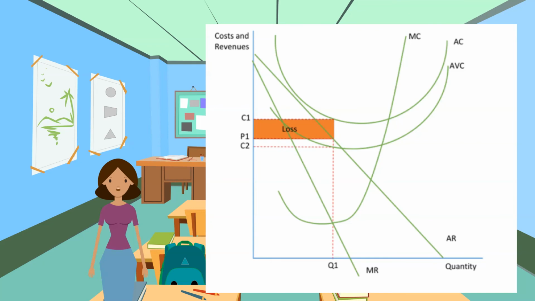In this case, they should only shut down when their fixed costs increase, for example when machinery needs to be replaced or when their lease is up. However, if the average variable cost equals average revenue, then producing more goods will increase the loss. As a result, they should leave the industry immediately.